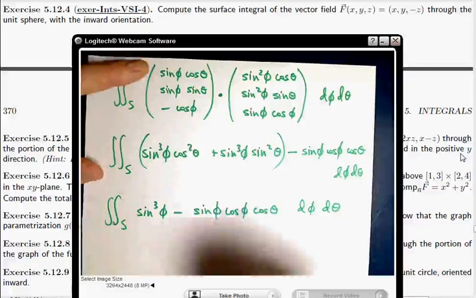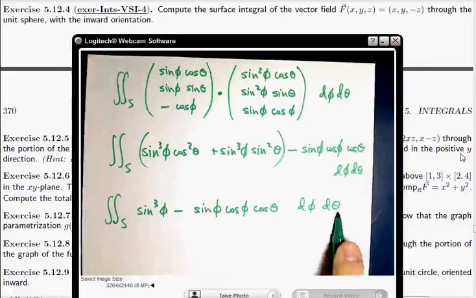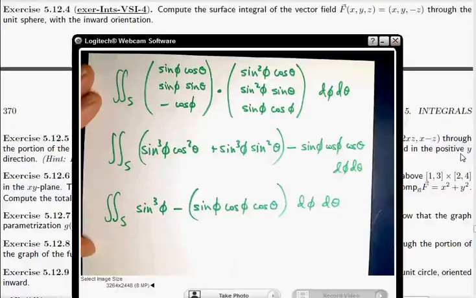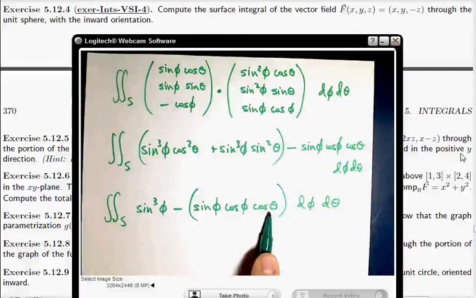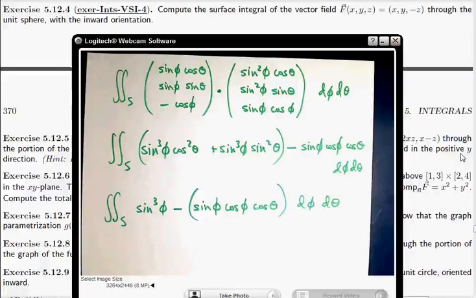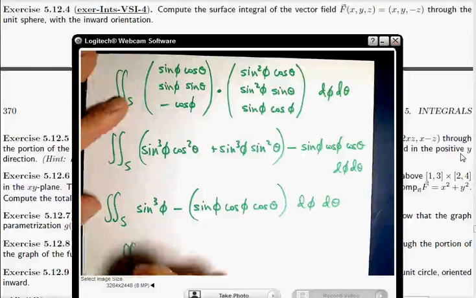Well, notice theta goes from 0 to 2 pi. And this term here, when you integrate theta from 0 to 2 pi, these are constants, and the integral of cosine theta from 0 to 2 pi is 0. Right, so I claim that this term is going to go away when you do your theta integral. Is that cool? Everybody happy with that? Okay. So what we're left with is just the sine cubed phi.